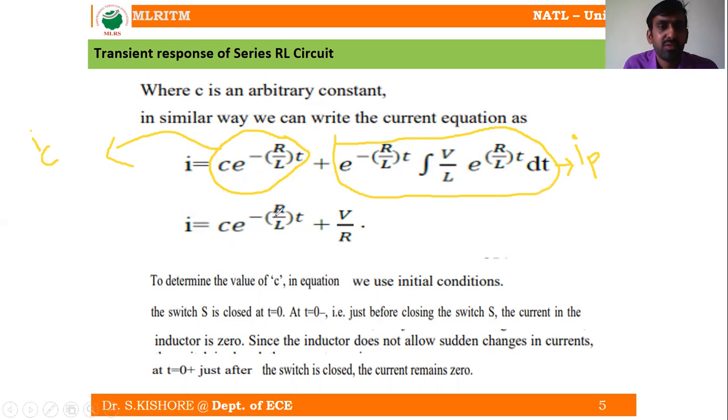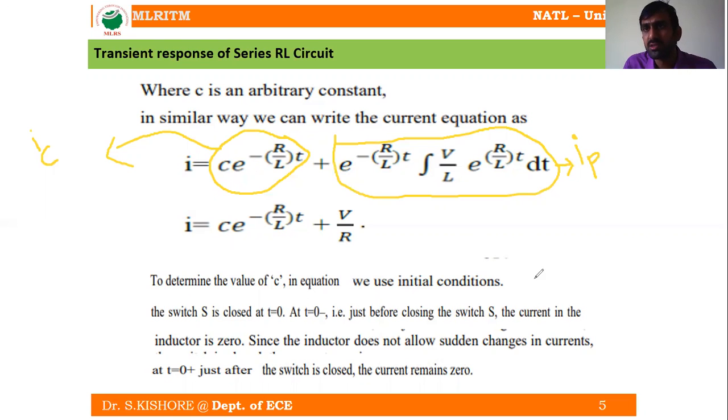If you are good enough in mathematics, you can easily get this, but let me explain it again. When the switch is closed at T equals 0, at T equals 0 minus, that is just before closing the switch S in the circuit we showed in the previous slide, the current in the inductor is going to be 0.